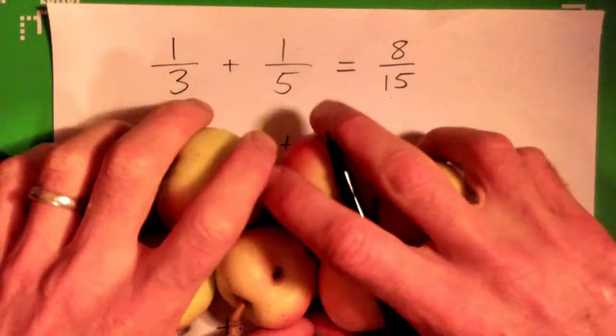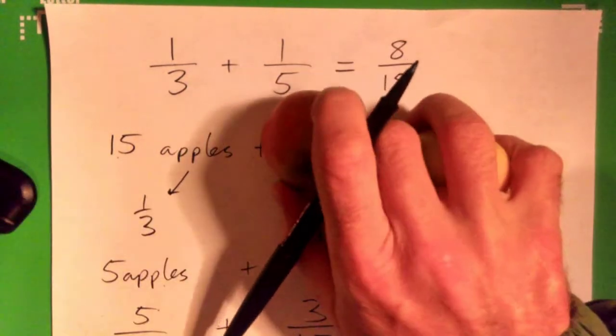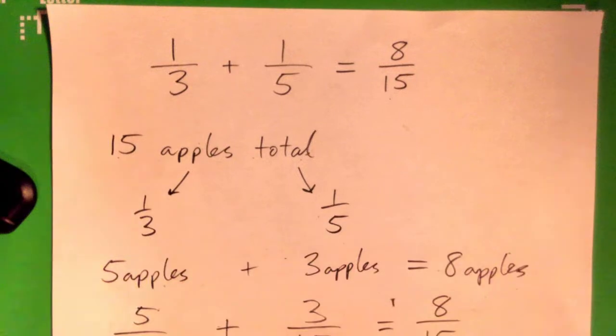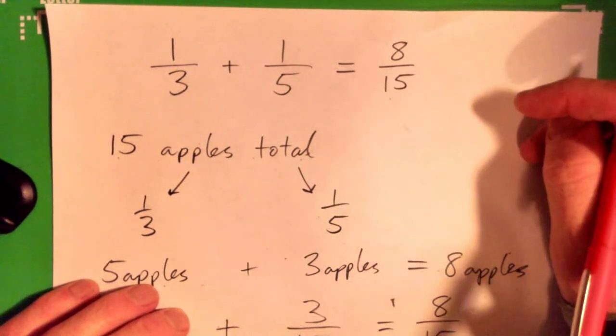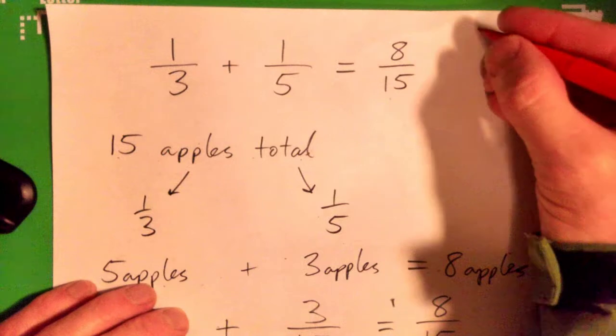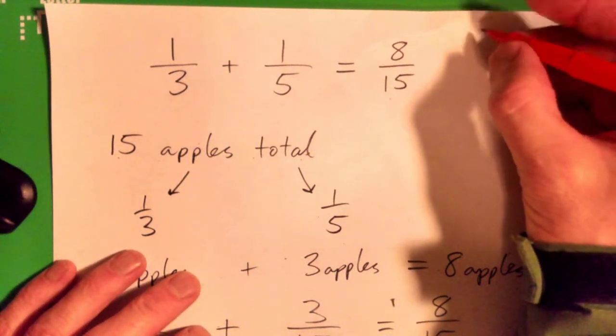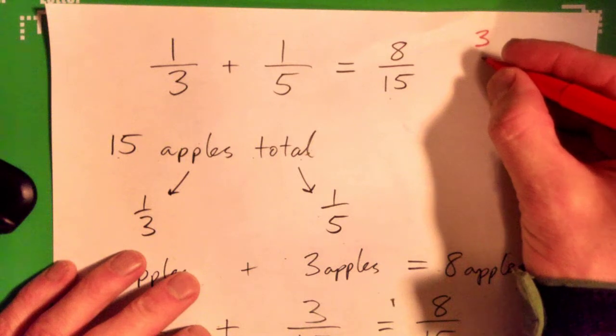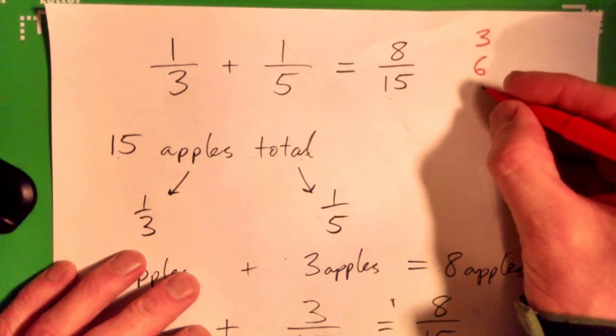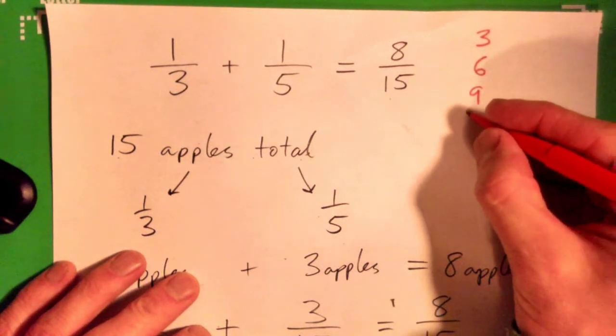Alright. Now how do we do that with math? We can find the lowest common denominator. So write out multiples of 3 just for fun. 3, then what? 6, write it down, write down the next one. 9, then 12, then 15.